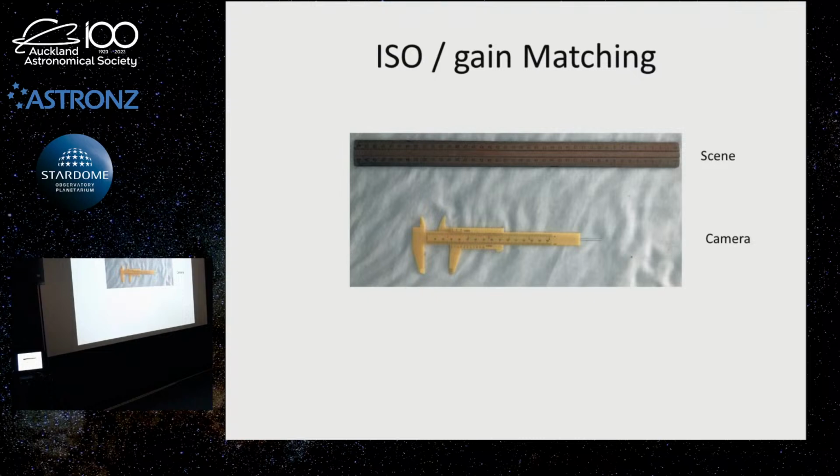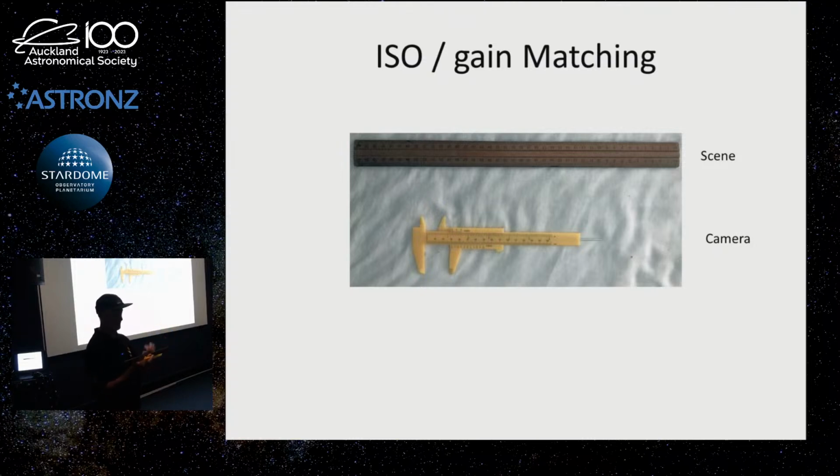You want to match the dynamic range of your camera to what you're photographing. But in astrophotography, what you're photographing always has more dynamic range than your camera. So imagine that's the dynamic range of what you're photographing, where this is dim nebulosity and this is bright stars, and this is the dynamic range of your camera, which is less.